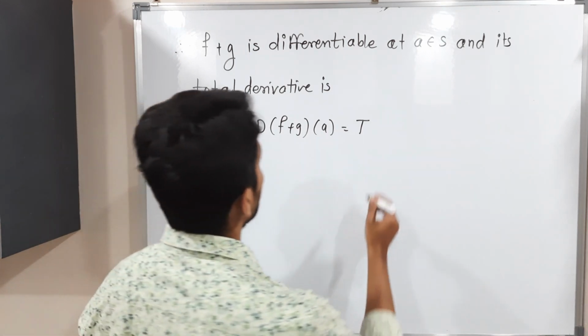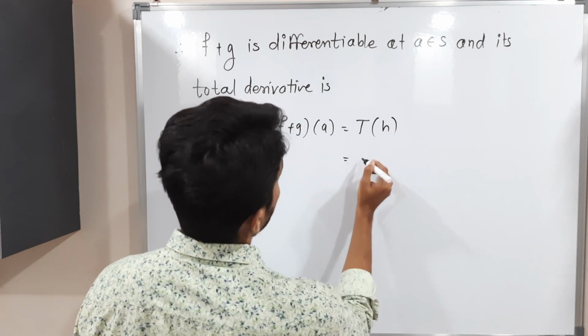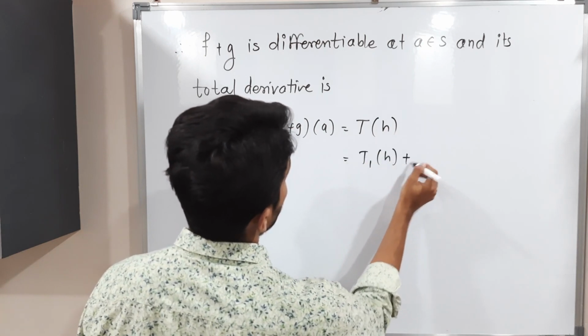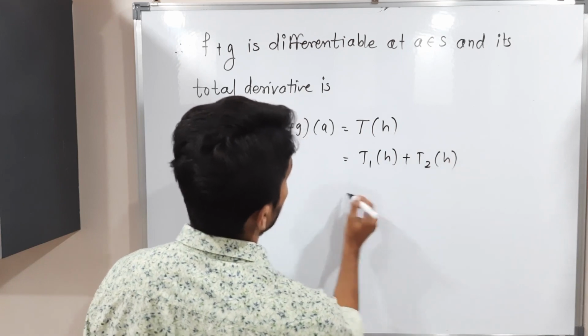So this is equal to t of h, but the definition of t was t1 plus t2, so t1 of h plus t2 of h.